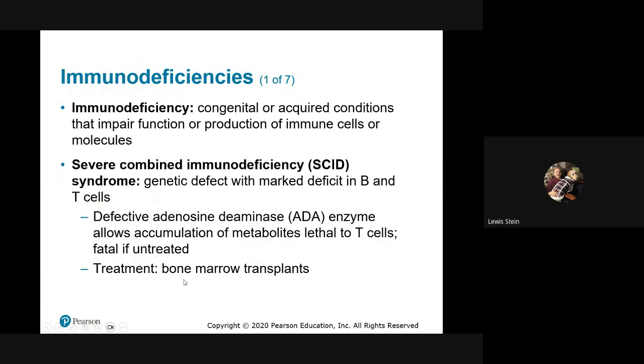Now we can treat these with bone marrow transplants. Before, this was called the bubble boy syndrome. These people, contact with almost any foreign antigen potentially could kill them. So basically, they had to live their life in a bubble with no person-to-person interactions.